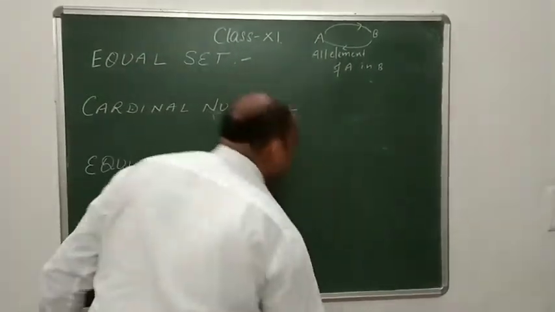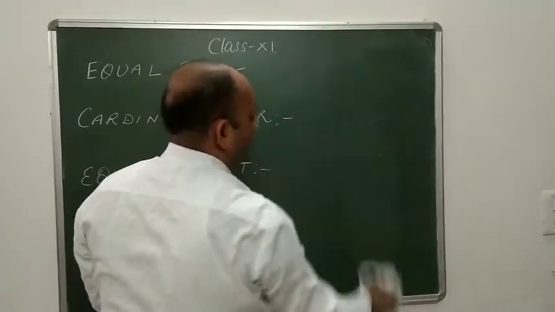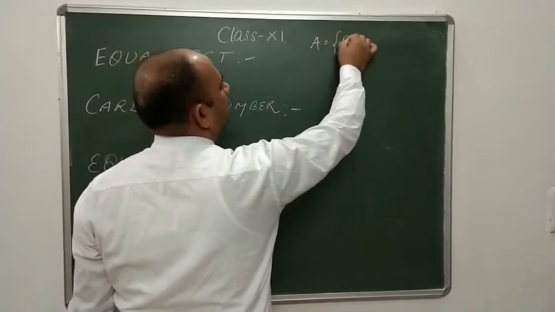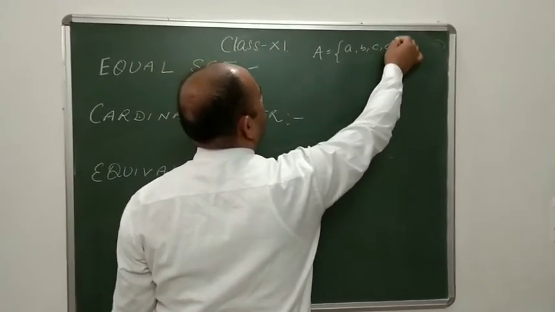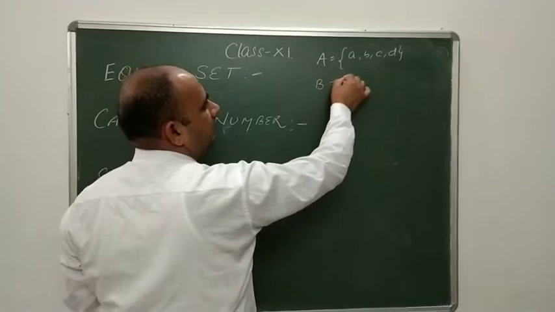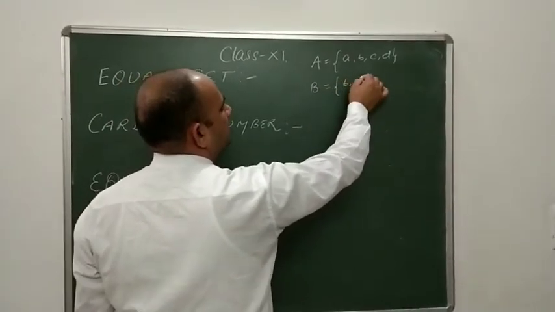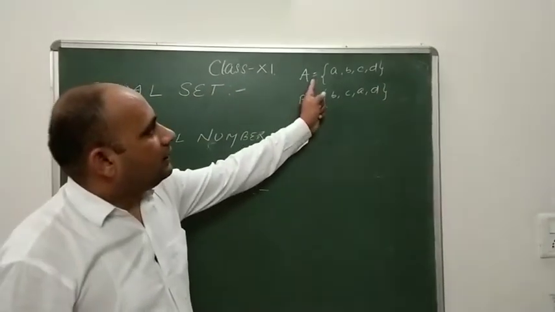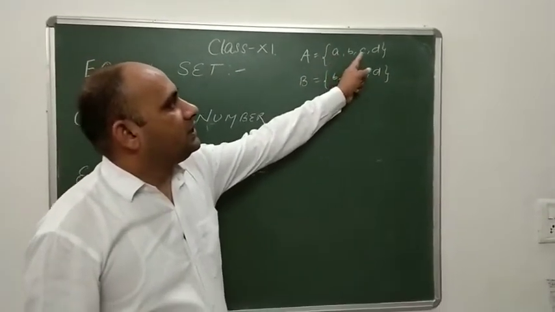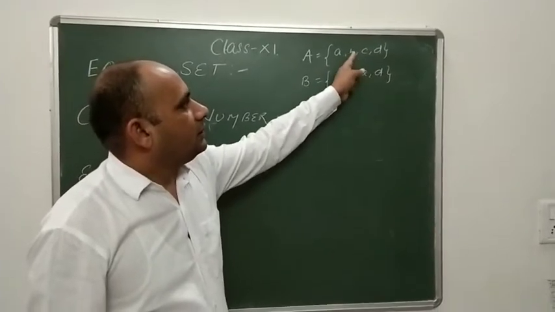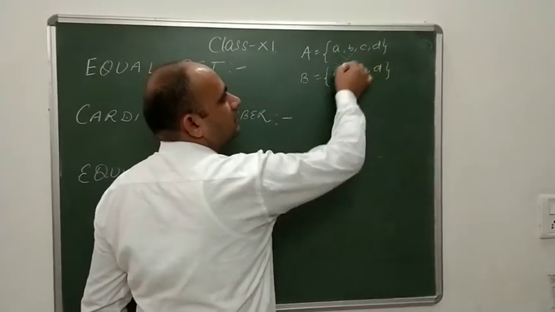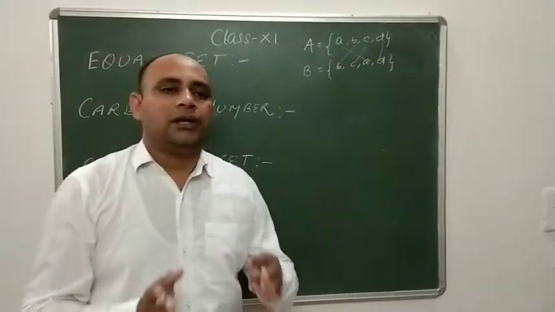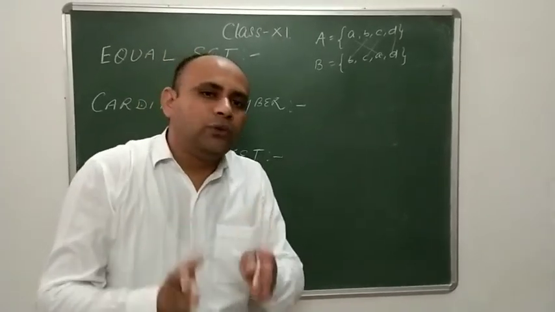For example, if I write A is {A, B, C, D} and B has {B, C, A, D}, you check the elements of A: A, B, C, D, and B: A, B, C, D. Both have the same elements. Therefore, sets A and B are equal sets.